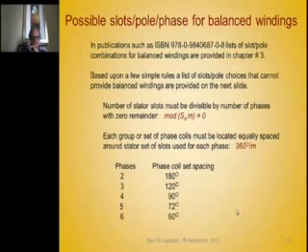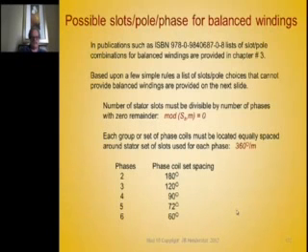The number of stator slots must be divisible by the number of phases, which we said, with no remainder. And for the number of phases, to have balanced windings, the sets of phase coils must be spaced around the stator according to this.